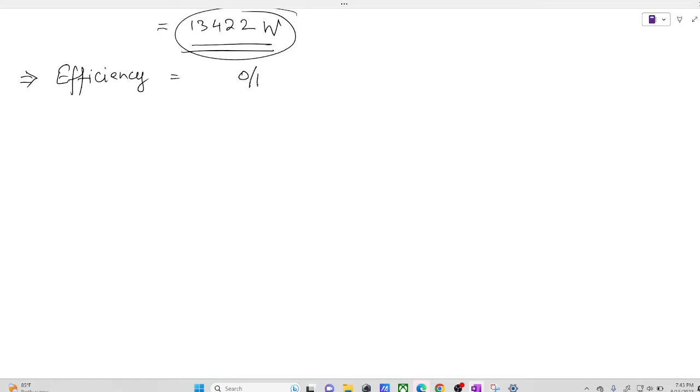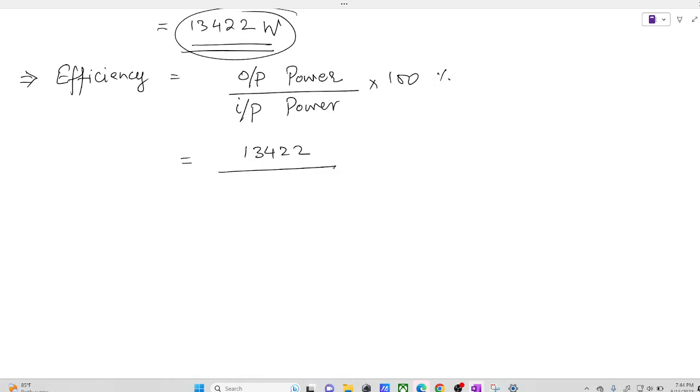That is output power divided by the input power into 100. So the output power is approximately 13422 upon, we need to calculate the input power.